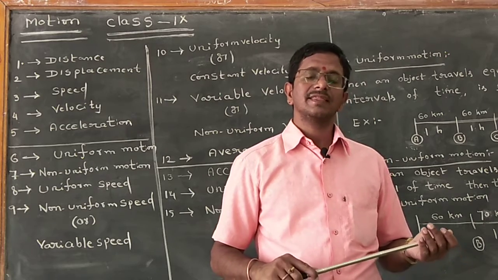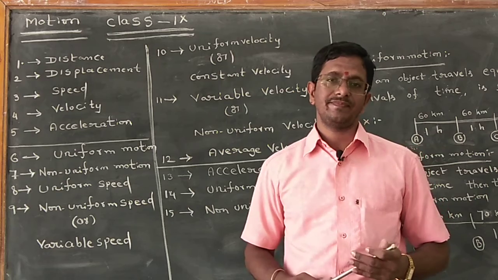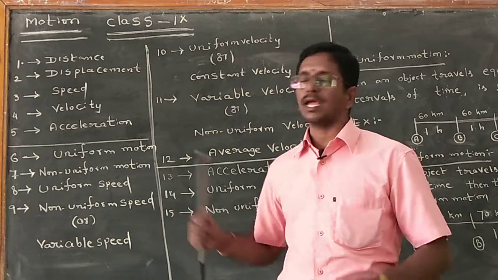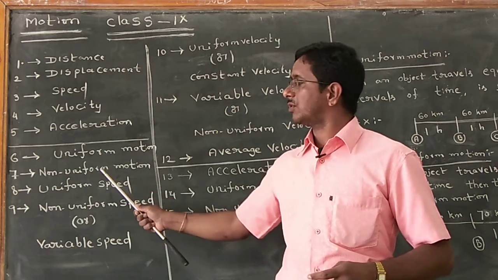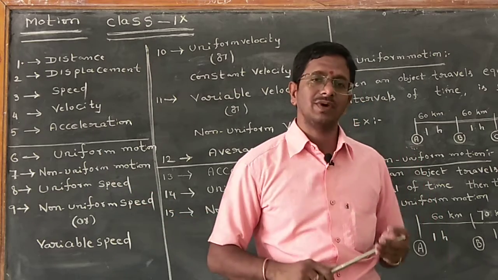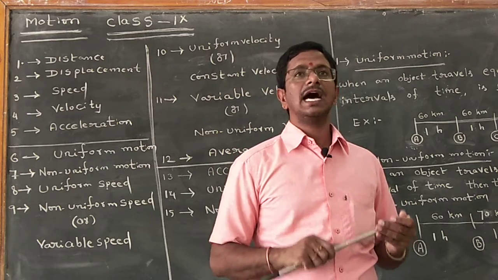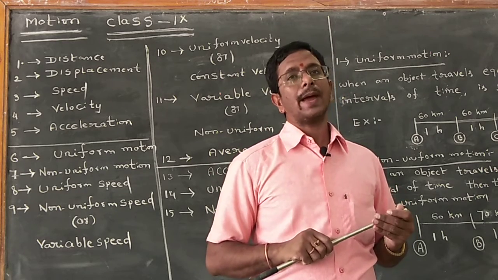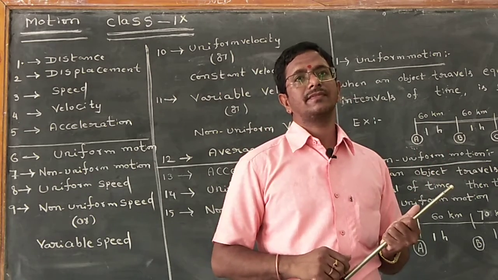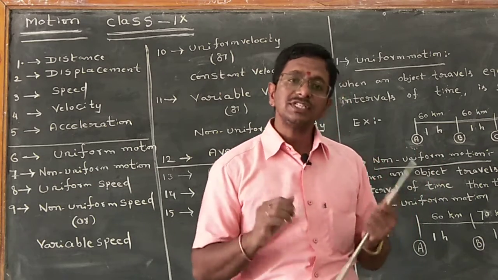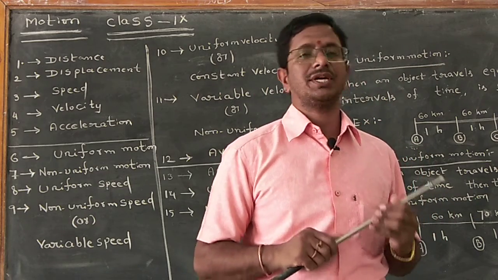Now the first concept today is: what is motion? Once we know what motion is, then we can understand uniform motion, non-uniform motion and so on. What is motion? When there is relativity between two objects, then the position difference is called motion.